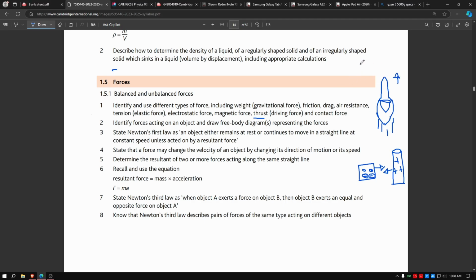And driving force can also be counted as thrust. Driving force is usually synonymous with cars. So if a big lorry is going forward, the force that is keeping the lorry moving will be called the driving force of the lorry. So that is more or less it.